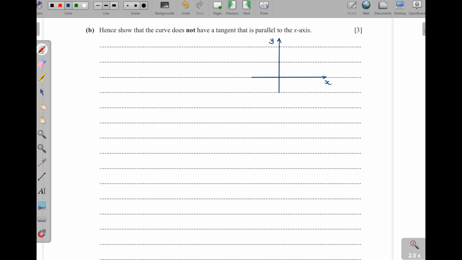Then there is a line which is parallel to the x-axis, which is y equal to something. Now maybe I have this as the curve, whichever way the curve looks, but it is a tangent to this line. It is touching it at only one point.